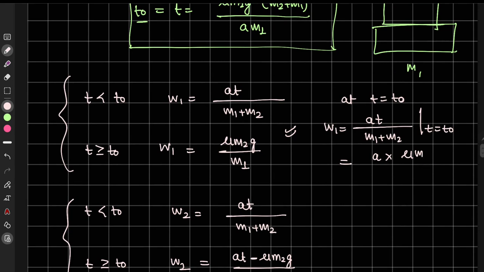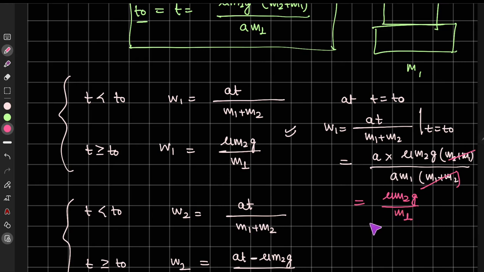So we can write mu m2g times m2 plus m1 whole divided by a times m1 into m1 plus m2. So m1 plus m2 will get cancelled, and we will get mu times m2g whole divided by m1. This is the acceleration we can get at t greater than t naught.